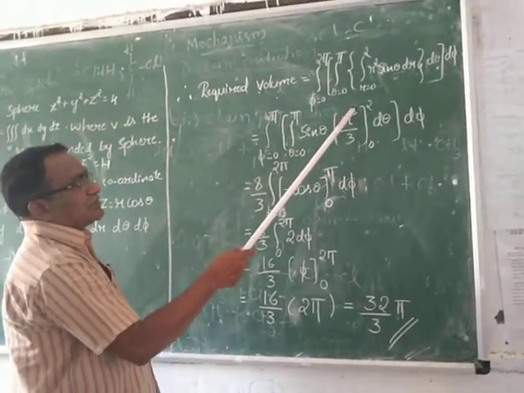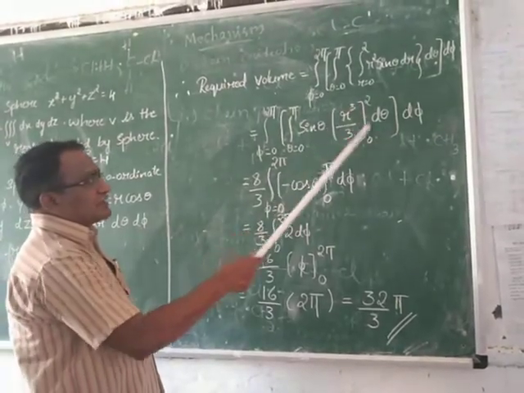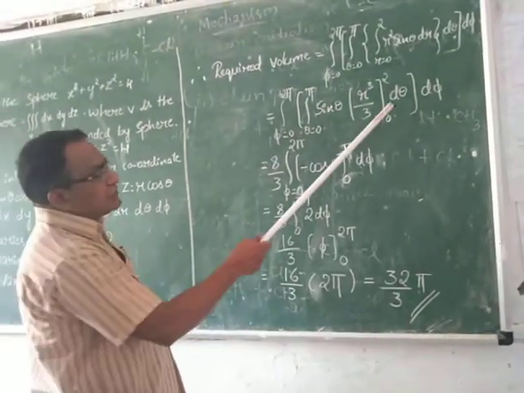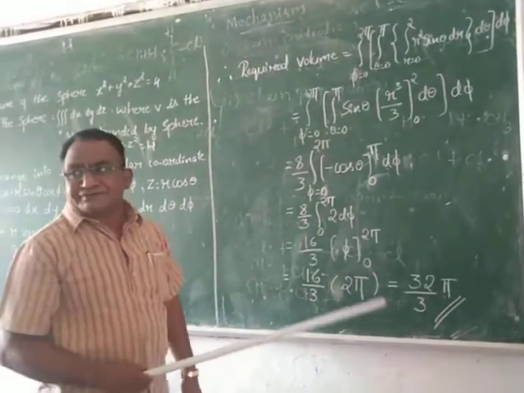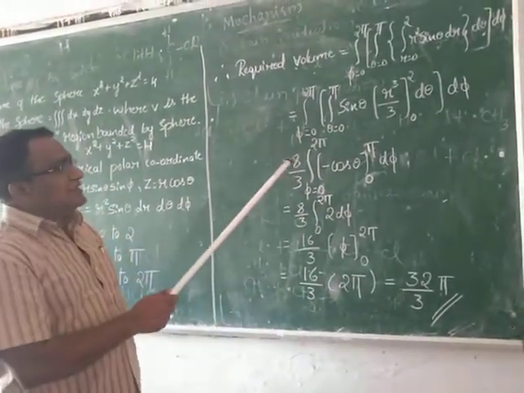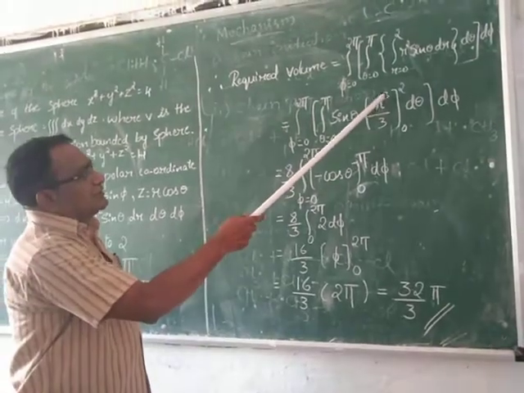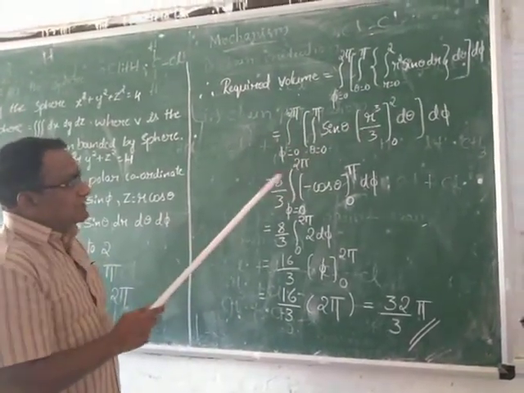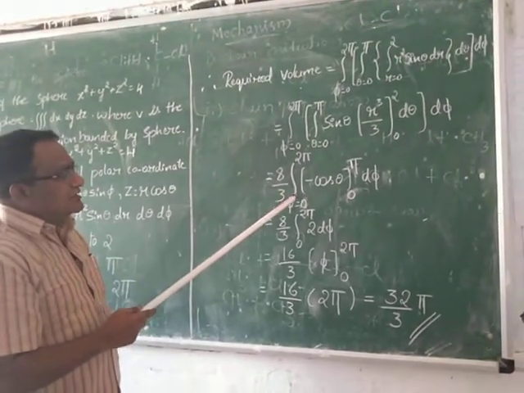integration of r squared is r cube by 3, and the limits of integration are from 0 to 2, into d theta into d phi. This is equal to, here if I put r equal to 2, it is 2 cube, 8 by 3, it is a constant, put it outside.